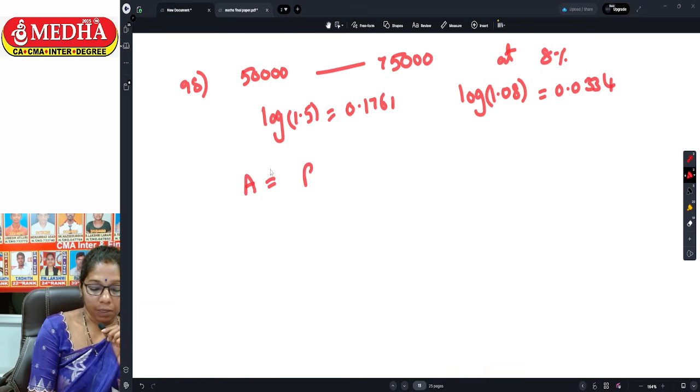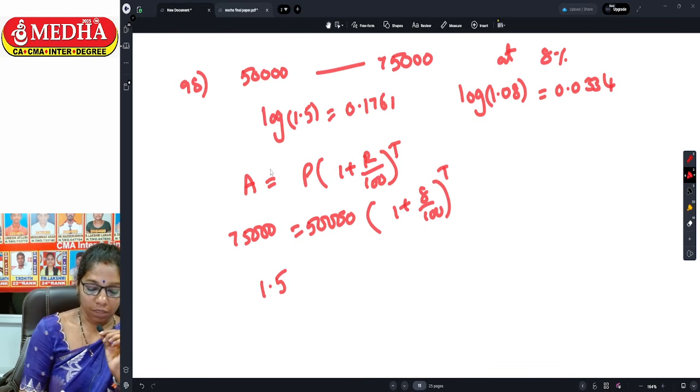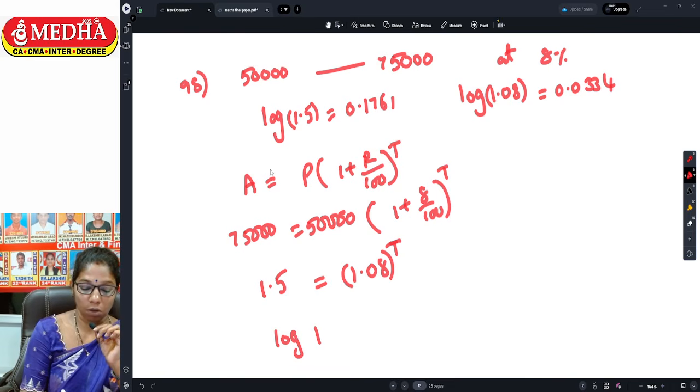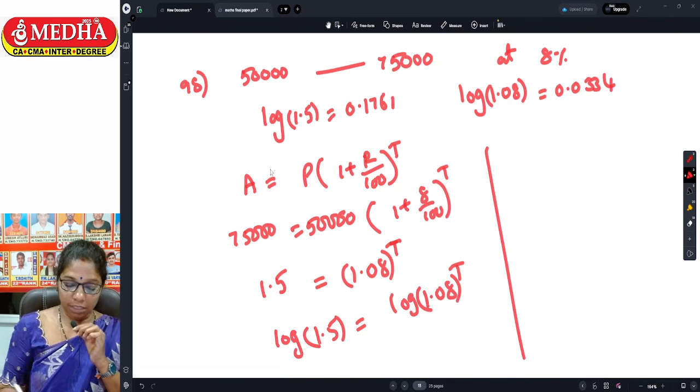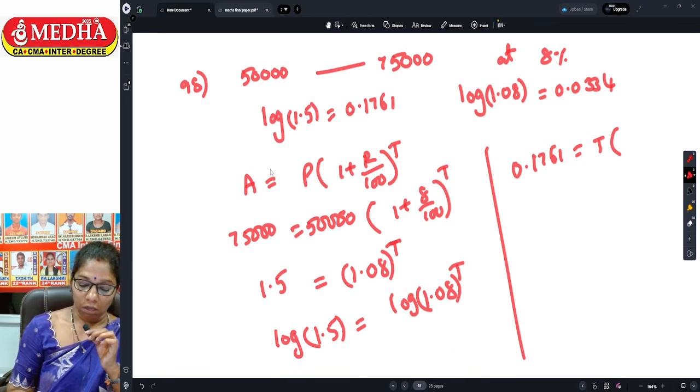So A is equal to P of 1 plus R by 100 whole power T, in which 75,000 is equal to 50,000 of 1 plus 8 by 100 whole power T. So it is 75,000 by 50,000, this is 1.5 is equal to 1.08 whole power T. By taking logarithms on both sides to calculate exact time, log 1.5 is equal to log 1.08 whole power T. So finally log 1.5 value 0.1761 is equal to T into log 1.08, that is 0.0334.